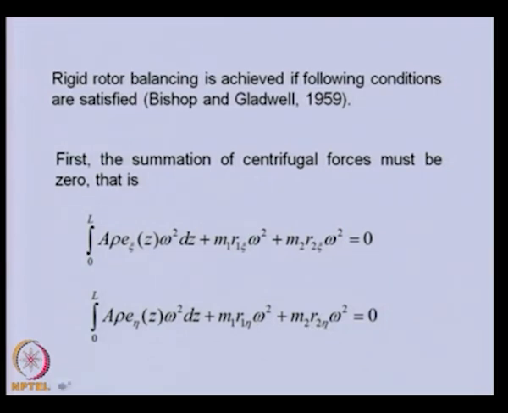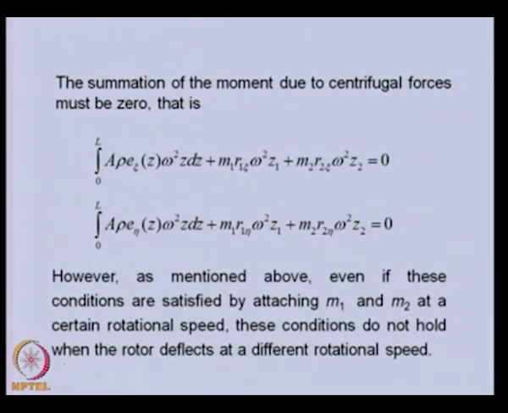Apart from the centrifugal force, the moment of the centrifugal forces about any point, because of the continuous variation of the eccentricity as well as of the correction masses, should also be balanced in both the planes, the xi-z and eta-z planes. Not only the force, the moment should also be 0 for the rigid rotor balancing case.